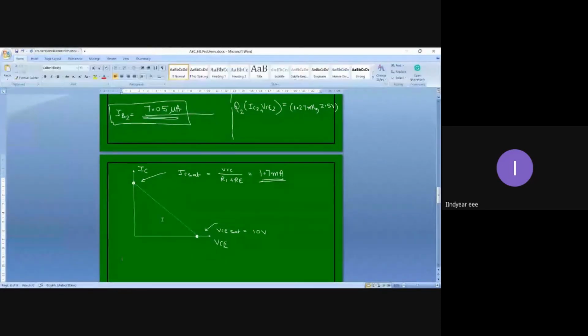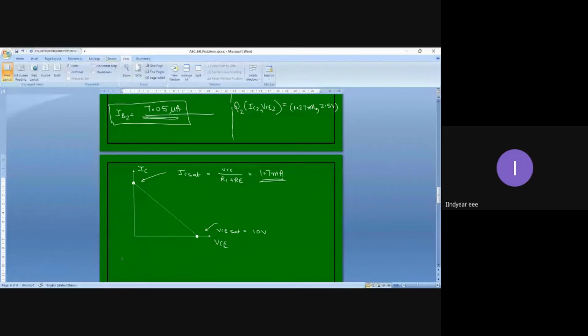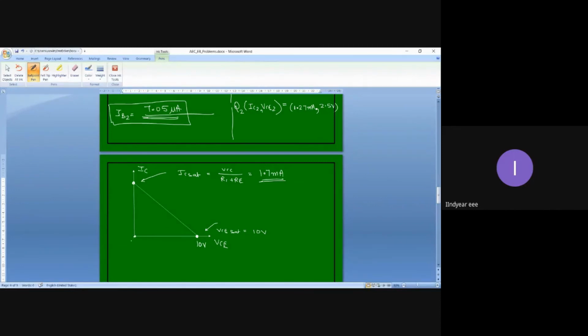Now let's place the Q point. This is 10 volts, so this is 0 volts. The center is going to be 5 volts. This is 2.5 and this is 7.5. This is 1.7 milli.